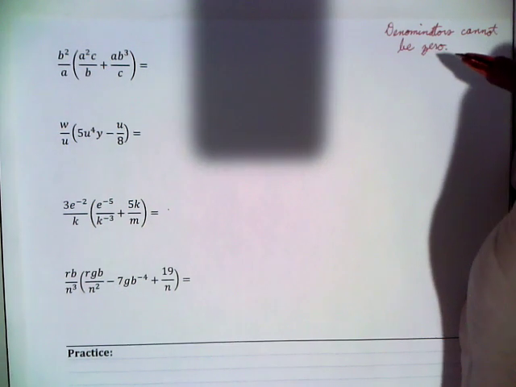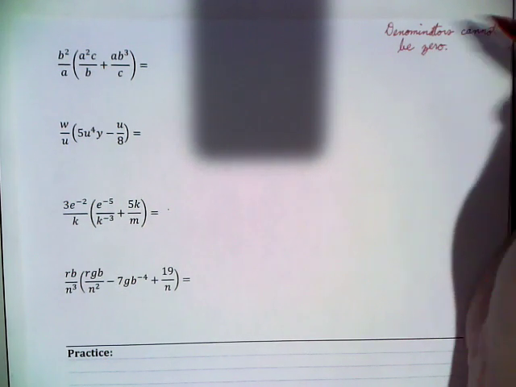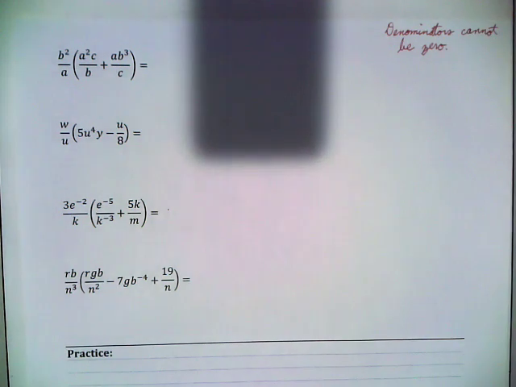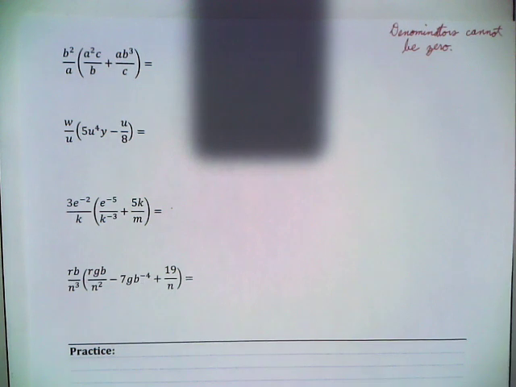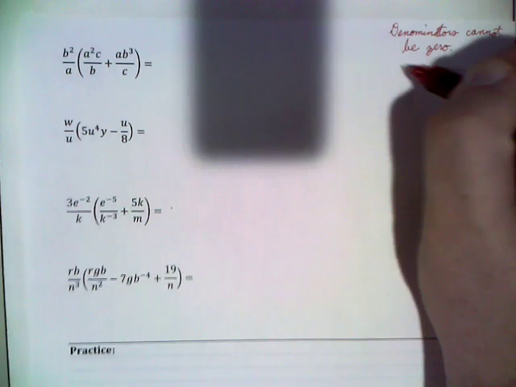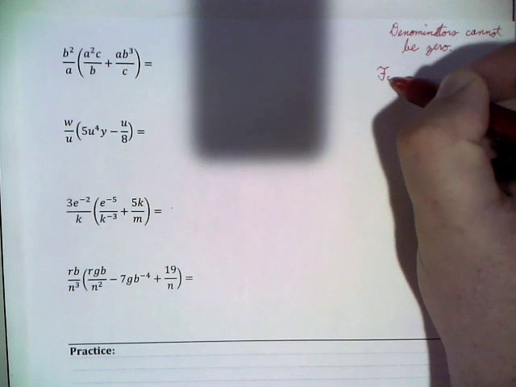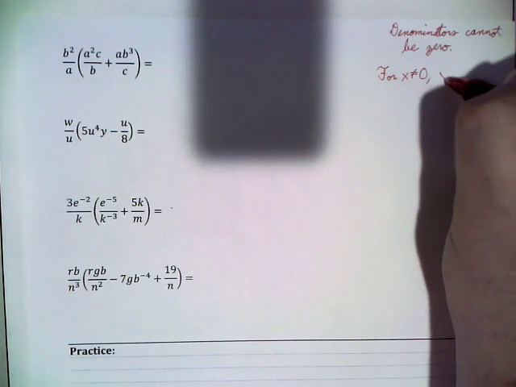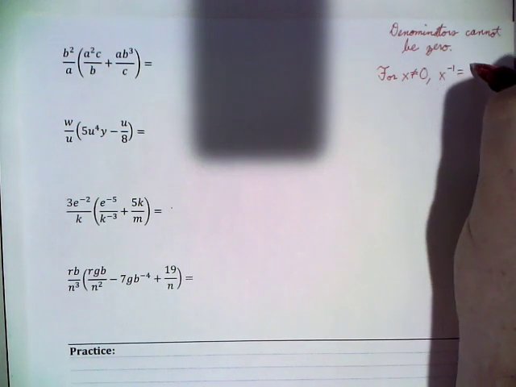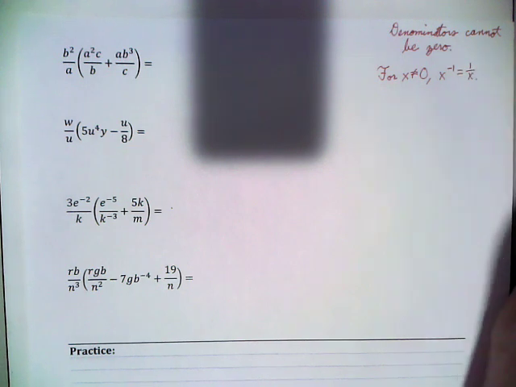The other thing we need to keep in mind is we're going to start running across more problems with more complicated exponents. As we can see here in these examples, we have some negative exponents coming up. And so we need to remember that the property for negative exponents says for x not equal to 0, x to the negative first power equals 1 over x.